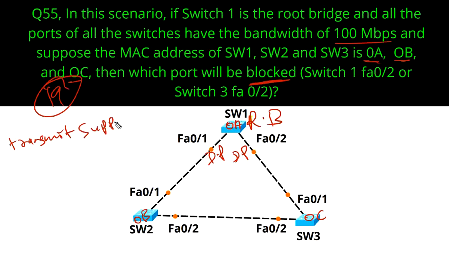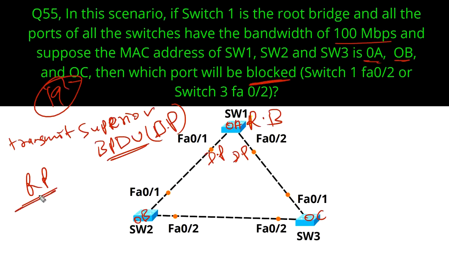A port which receives superior BPDU, that port will become RP, root port, right? So here this switch is sending superior BPDU, and this switch is receiving superior BPDU on this port. So this port will become your RP, and this other switch is also receiving superior BPDU on this port, so this port will become RP, right?